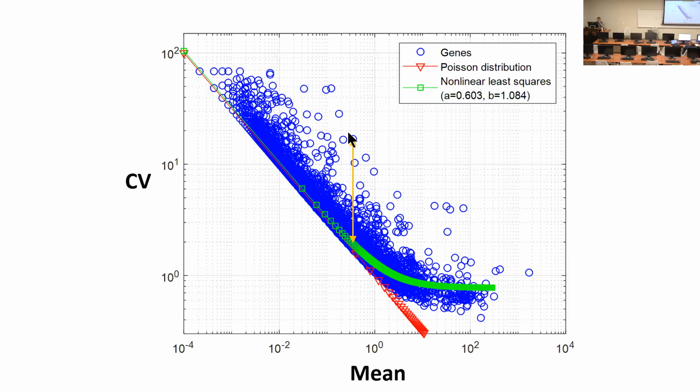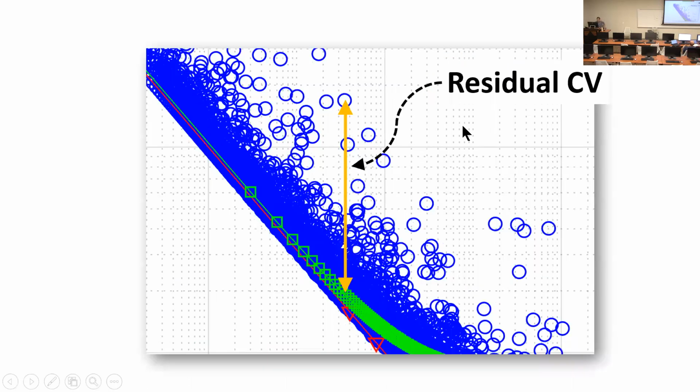You can do this for every gene. Each point is a gene. We look at the residual, the so-called residual CV, which is the difference between your observed CV and your expected CV predicted by the regression. That's the place we use regression. We use a nonlinear model.